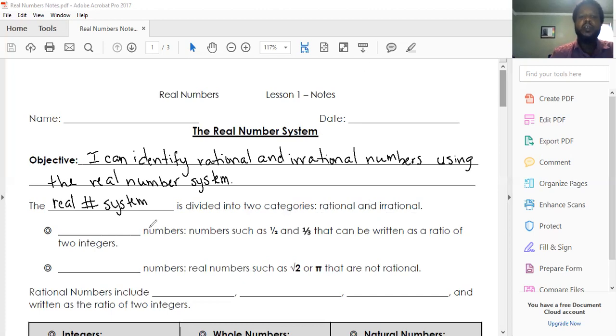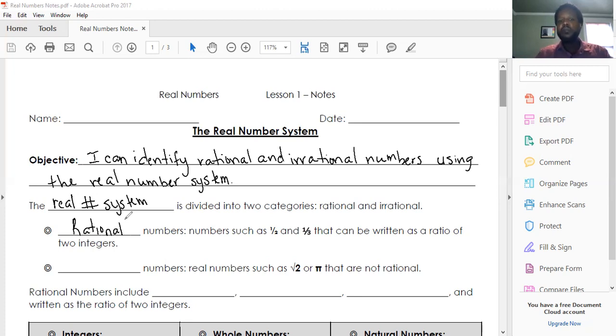Okay, so what are those two categories? So rational numbers is going to be our first category here. Rational numbers are numbers such as 1/2 and 1/3 that can be written as a ratio of two integers. So what is a ratio, right? Or what does that look like to you? 1/2 and 1/3, they both look like fractions.